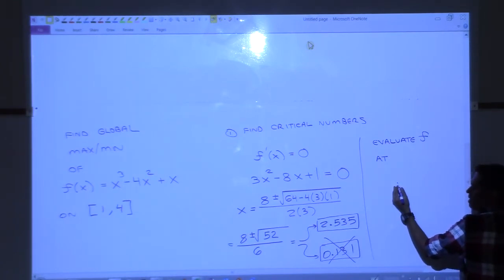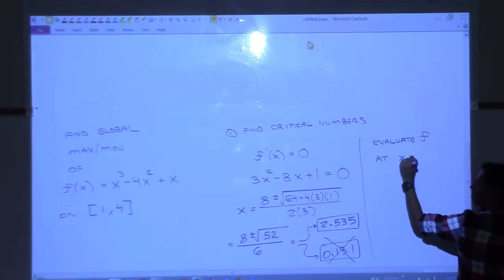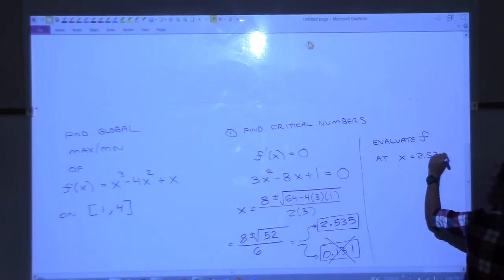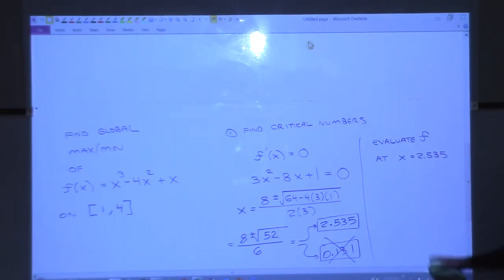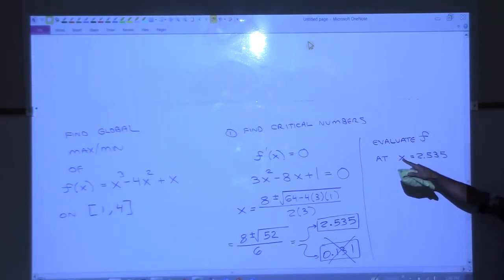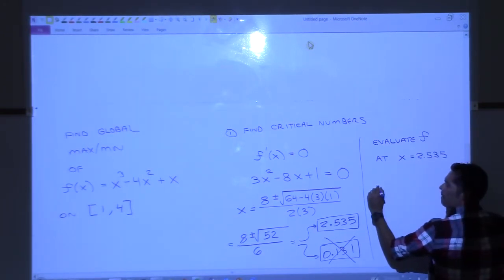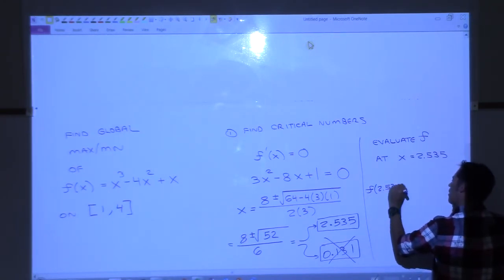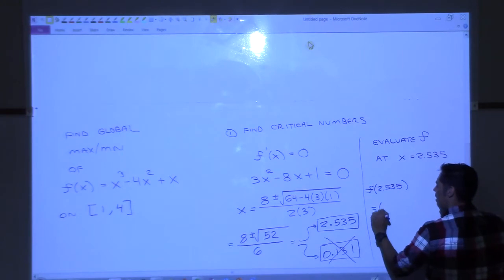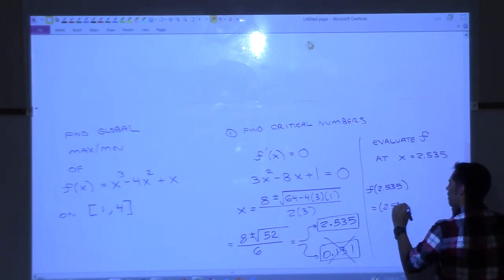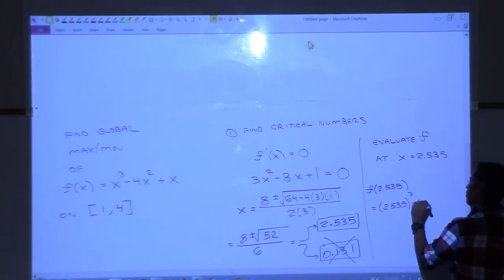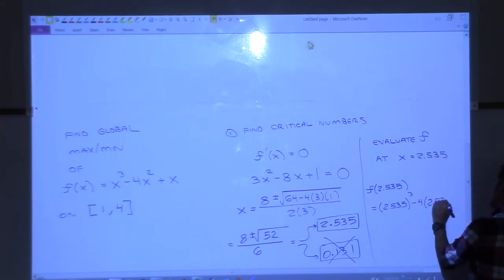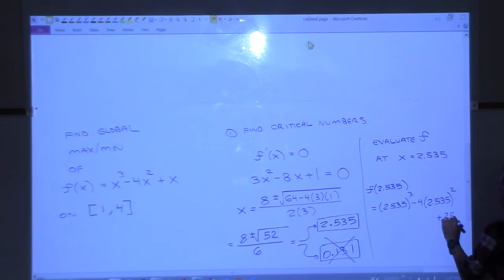I only have one critical number, right? At x is equal to 2.535. So I want to take 2.535 and plug it into the original function, right? So I'm going to do f of 2.535. We'll have to get our calculator out for that. That's going to be 2.535 cubed minus 4 times 2.535 squared plus 2.535.